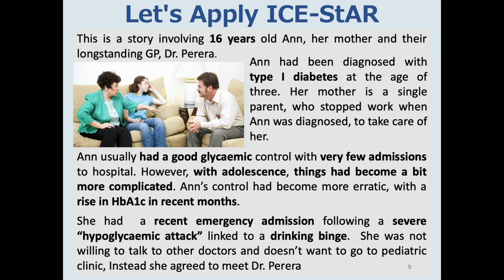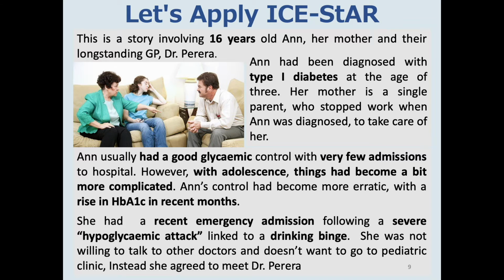Now we will try to find out how to elicit patients' values by listening to this scenario. This is a story involving 16-year-old Anne, her mother and their long-standing GP, Dr. Pereira. Anne had been diagnosed with type 1 diabetes at the age of 3. Her mother is a single parent who stopped work when Anne was diagnosed to take care of her.